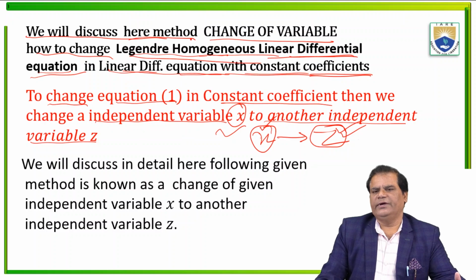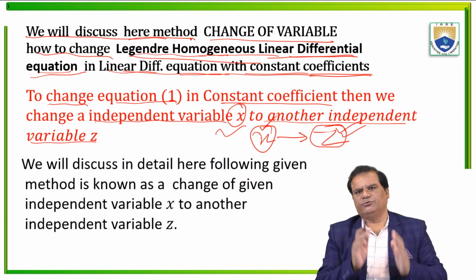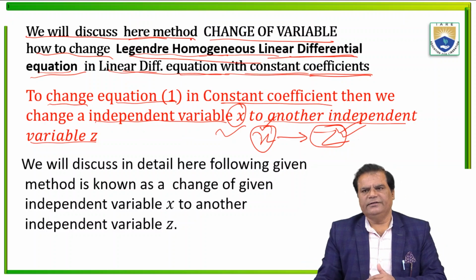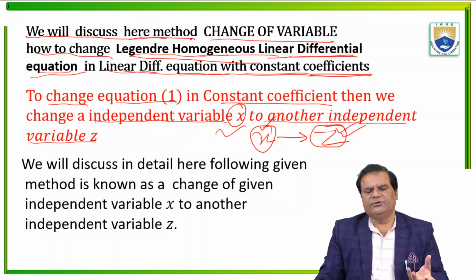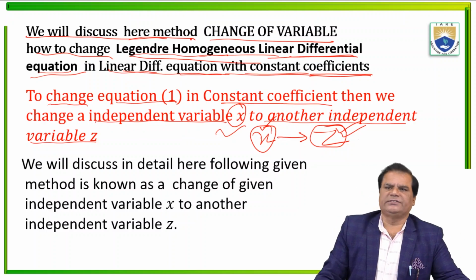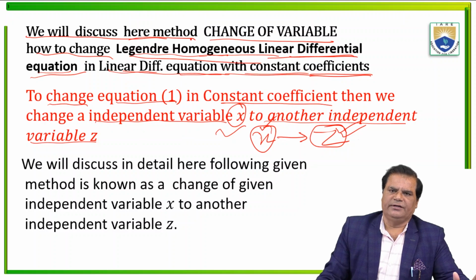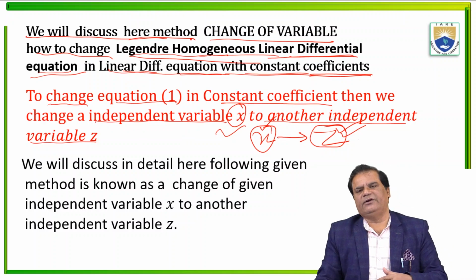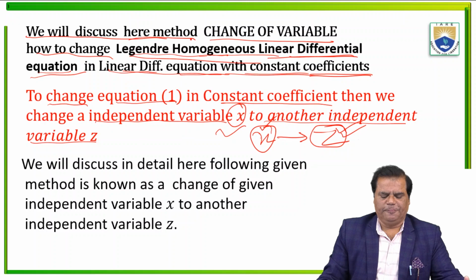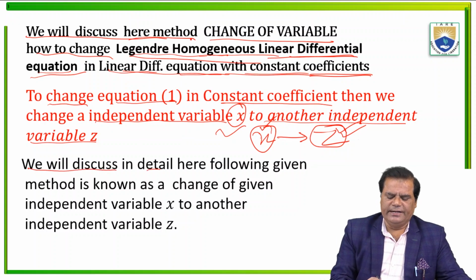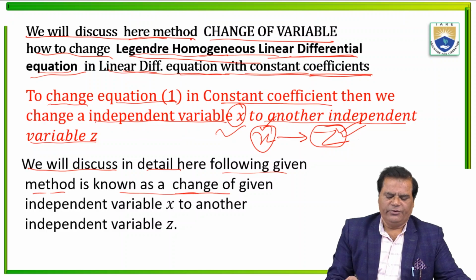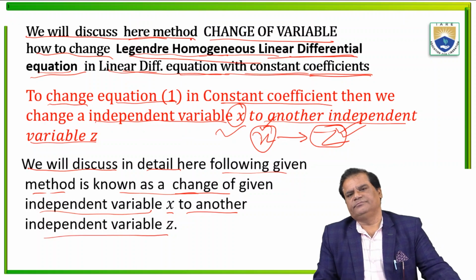And then we can apply the method y is equal to CF plus PI. So we will discuss here in detail. The following given method is known as change of the given independent variable x to another independent variable z.